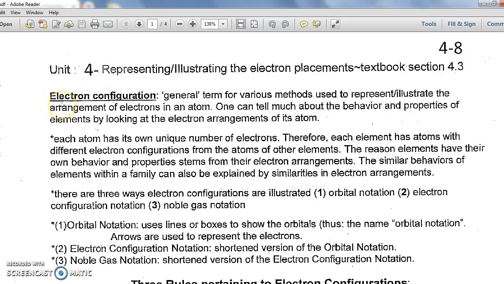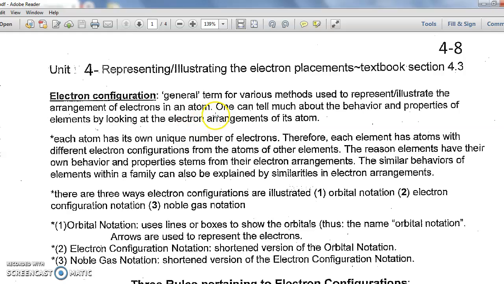As we mentioned, we want to start to learn to draw electron placements in the atom using the 5th model. When we're trying to represent where electrons are, in general, with the 5th model, they're called electron configurations. It is a general term for showing where electrons are in an atom.